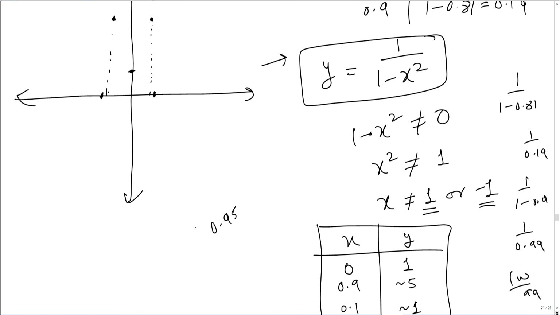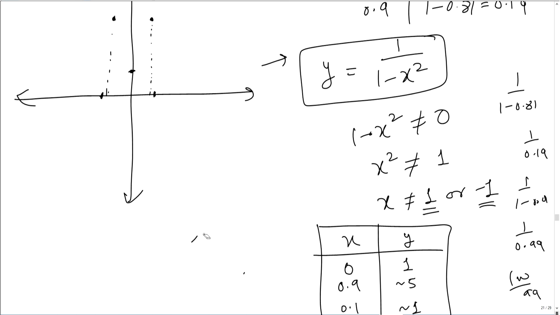And if you solve this for y, it would look something like 1 divided by 0.05, and that would be 100 by 5, which is 20, right? So this is even more. It's a very large value when x is, let's say, 0.99.